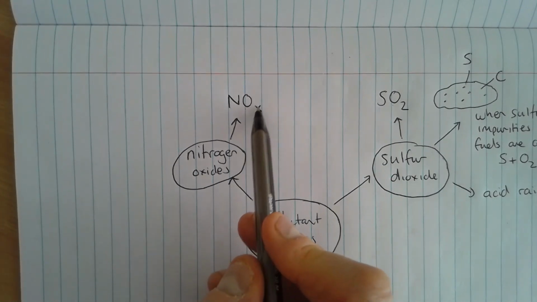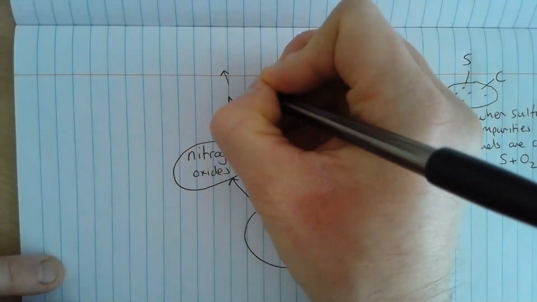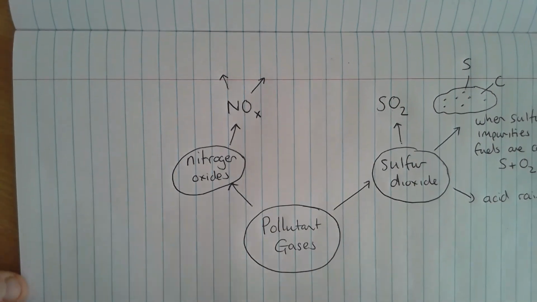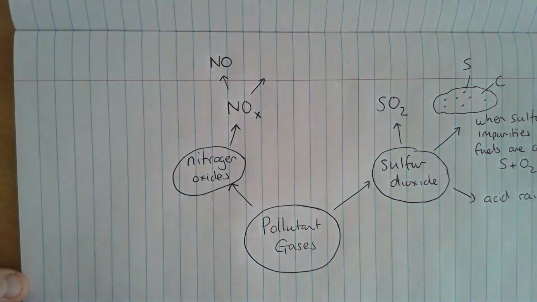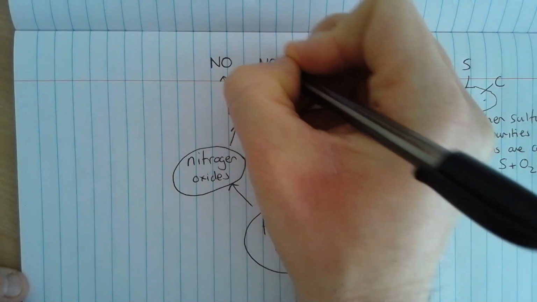But this x is probably something we haven't seen before. And the reason we use that is because there are actually quite a few different nitrogen oxides that are present in nitrogen oxide pollution. The main 2 are NO, which is nitrogen monoxide, or what used to be called nitrous oxide, and then NO2.